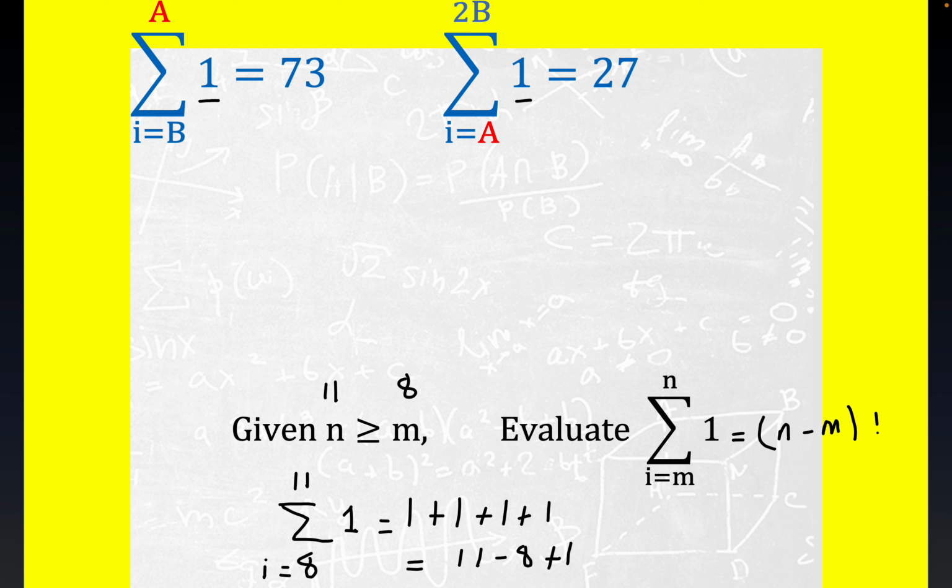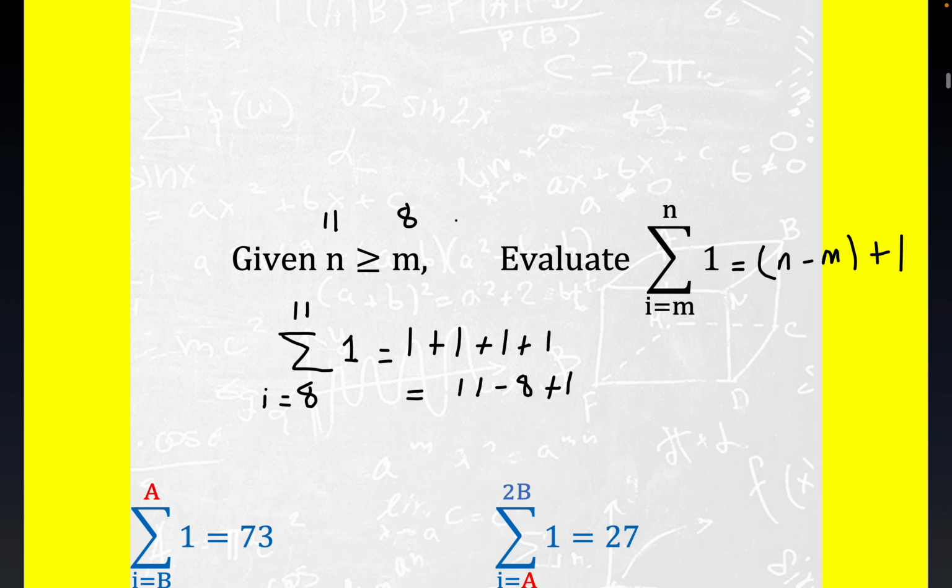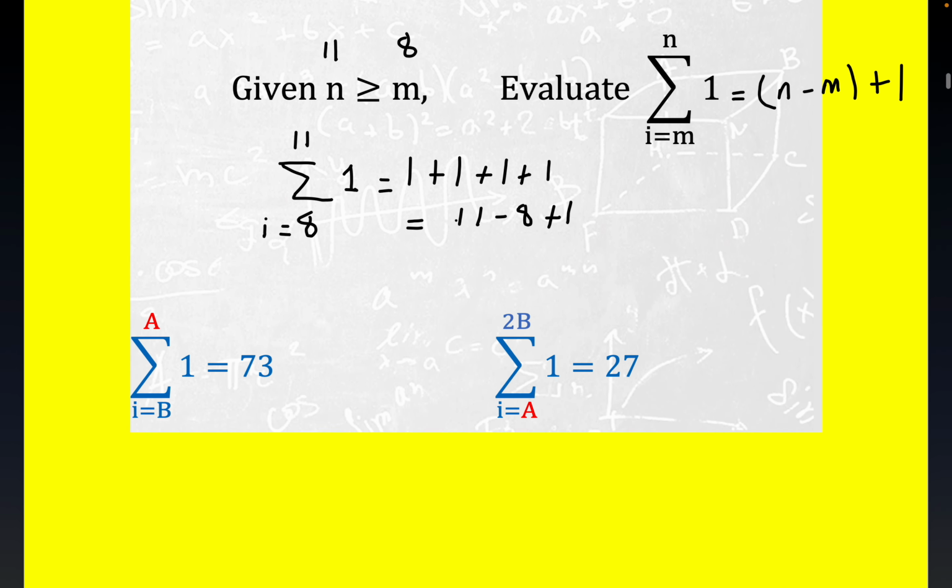Now, I've done a few videos on this, so you have probably seen this. But this is a general result, and now let's use that to solve our original problem. I've rewritten it right here. Just using this result twice, this is equal to a minus b plus 1.